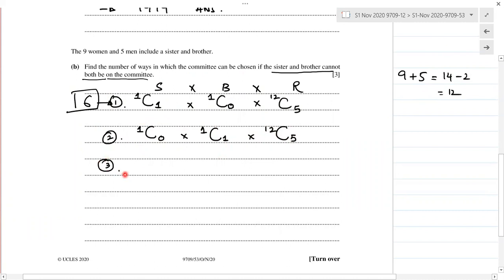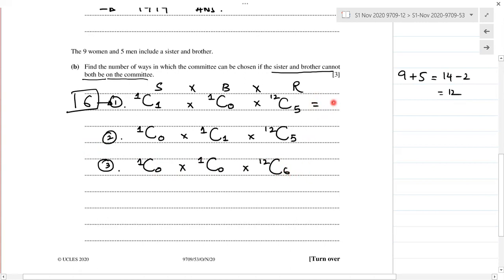The third option is that they cannot both be on the committee at the same time, but we can exclude both of them. Neither of them would be on the committee. So the sister is not there, and the brother is not there. Out of the remaining 12, we have to select all 6.